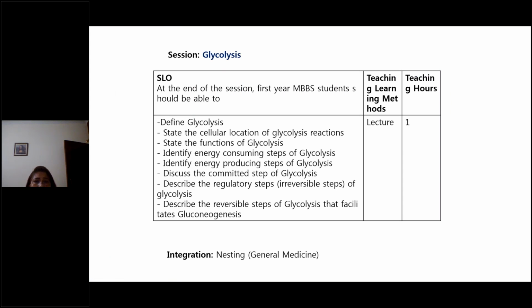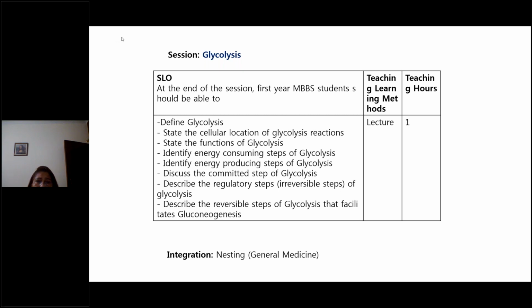At the end of the session, first year MBBS students should be able to define glycolysis, state the cellular location of glycolysis reactions, state the functions of glycolysis, identify energy consuming steps of glycolysis and energy producing steps of the same, discuss the committed step of glycolysis, describe the regulatory steps which are irreversible steps of glycolysis, and describe the reversible steps of glycolysis that facilitate gluconeogenesis.